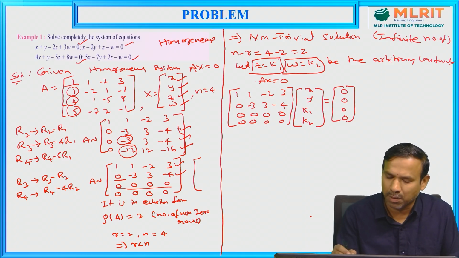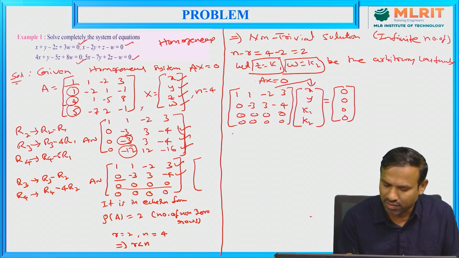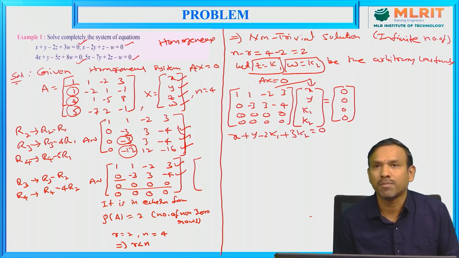So multiply the first row with the column. 1 into x, 1 into y, minus 2 into k1, plus 3 into k2 is equal to 0.